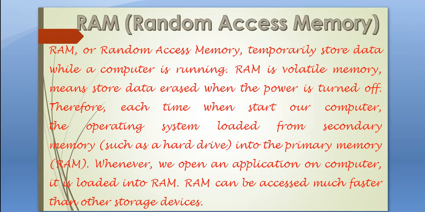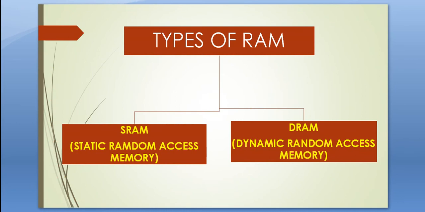Whenever we open an application on a computer, it is loaded into RAM. RAM can be accessed much faster than other storage devices, meaning RAM speed is very fast compared to other memory devices.